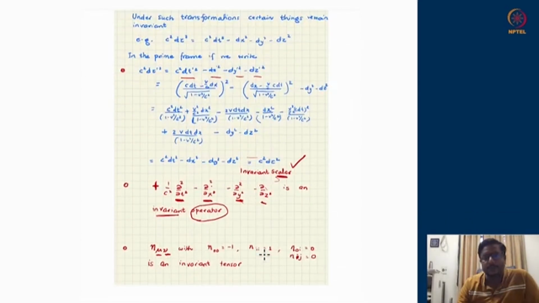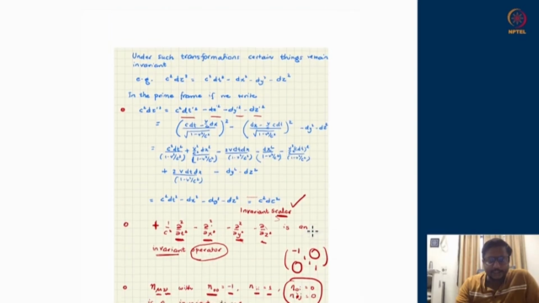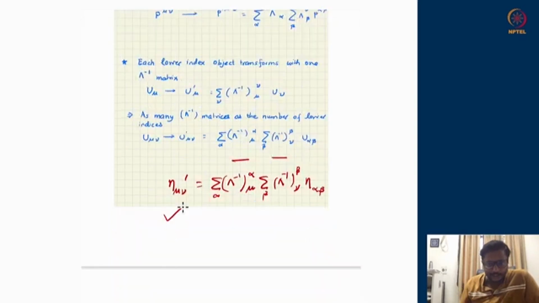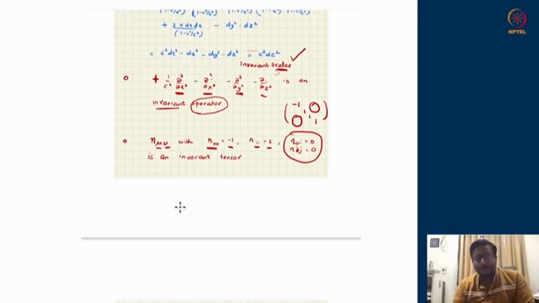Now if I give you a specific tensor whose properties are these, that its 0 0 component is -1, all other diagonal components are 1, and all off diagonal components are 0. That means if I want to write it in matrix form, it is -1 1 1 1 and all other quantities are 0. Then using these transformation properties, one can prove that this quantity eta mu nu also does not change under Lorentz transformation.